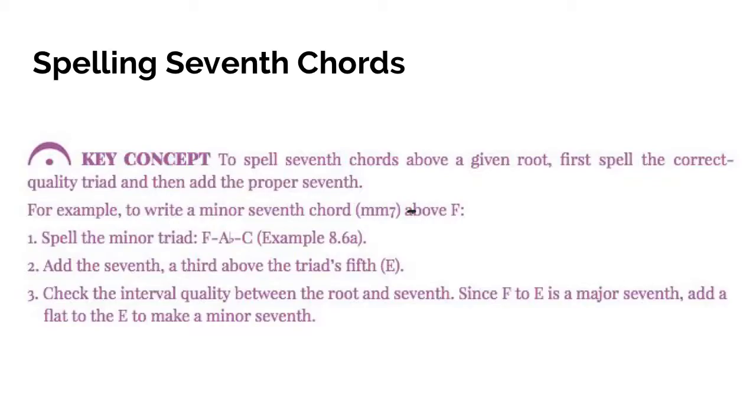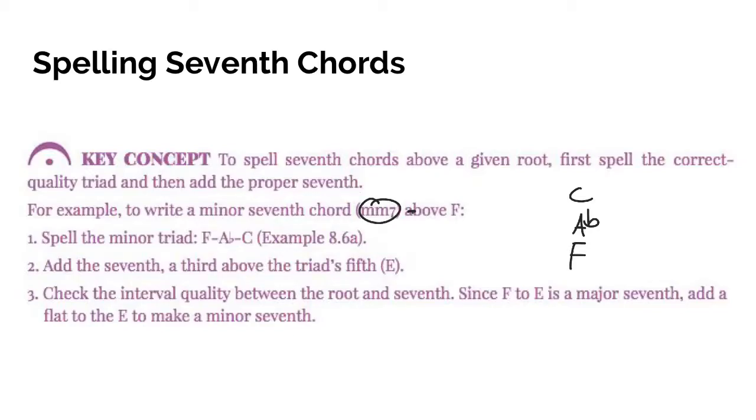All right, so spelling 7th chords. Hooray! To spell 7th chords above a given root, first spell the correct quality triad, then add the proper 7th. For example, write a minor 7th chord above F. That means we would need a minor F, A flat, C triad, and then add the 7th.